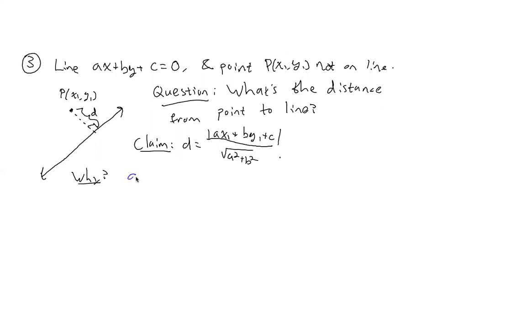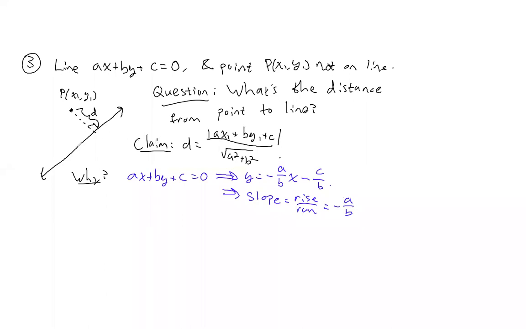We have ax plus by plus c is equal to 0, and what that also means is that y is equal to negative a over b x minus c over b, if you want to write this in point-slope form. In particular, what I'm saying here is that the slope, or in other words, the rise over run, is negative a over b.